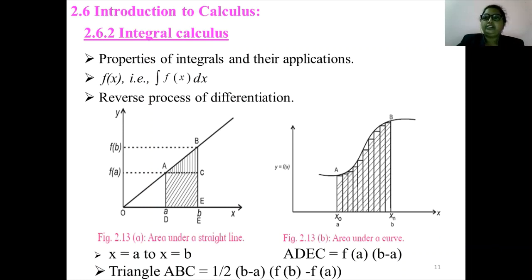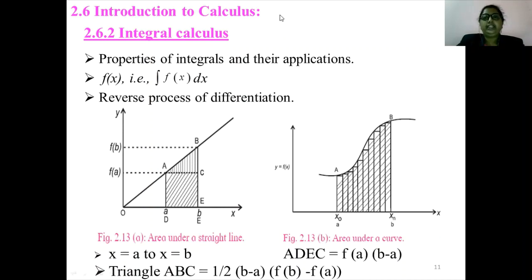We divide this area into a large number of vertical strips as shown in this graph. We assume the thickness, meaning the width of each strip, to be so small that it can be assumed to be a rectangle, and add the areas of these rectangles.